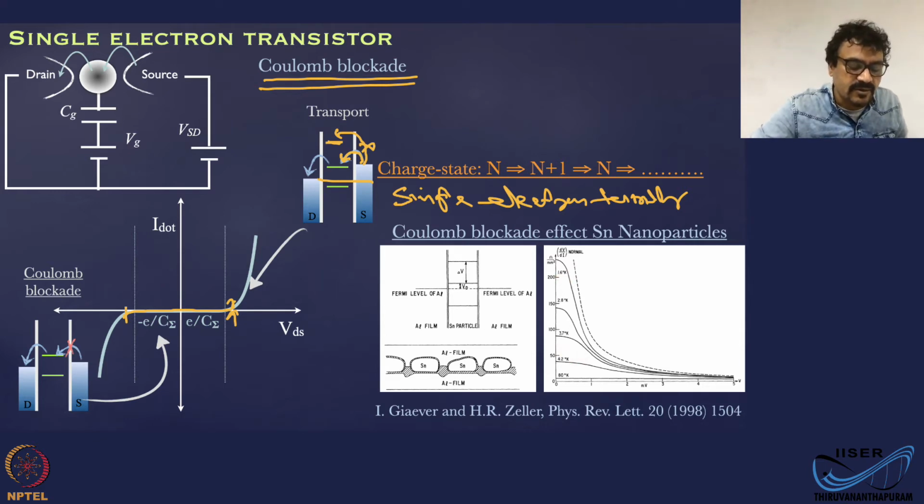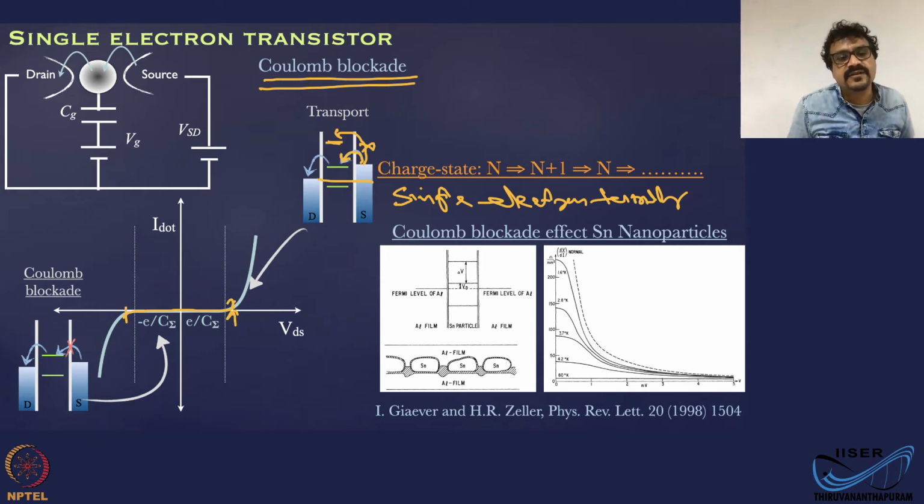At really low temperature, the curve is very sharp, and as you increase temperature, it's going to get smoother and smoother. Finally, it will get washed away. Again, it's a collective behavior of many nanoparticles, which also adds smoothness to this curve. But this discussion is based on one island.